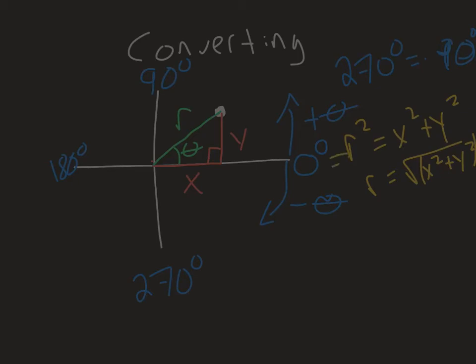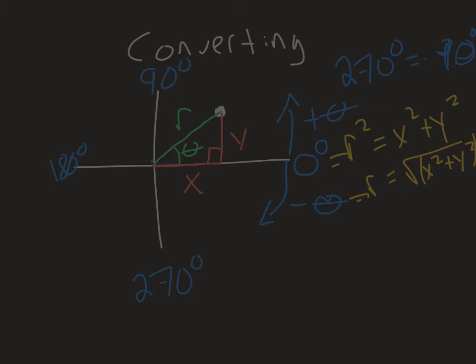You can use either one of these two. So if we're given x and y, we can figure out what r is using that yellow equation. And then likewise, we can set up a similar equation for theta, given our x and our y.